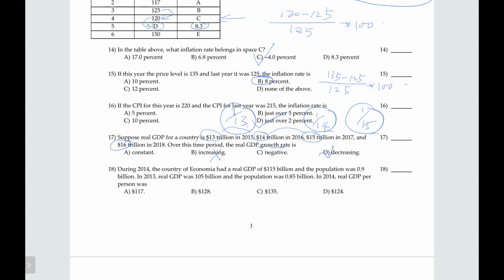In 2014, real GDP per person was, okay, there's a lot of information trying to distract you. For this one, you only need the information here: 115 divided by 0.9. Okay, so the answer is B.